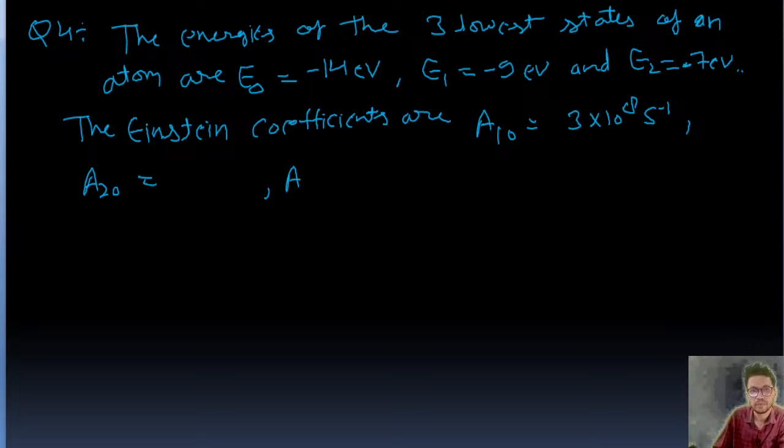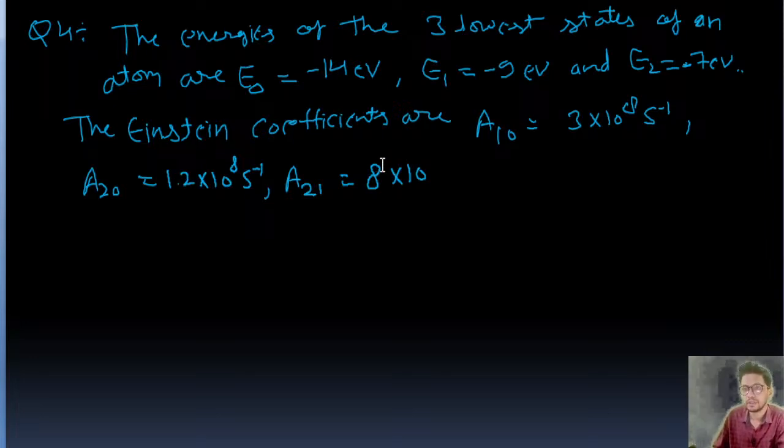So this is 1.2 into 10 to the power 8 second inverse, and A21 is given, that is 8 into 10 to the power 7 second inverse.